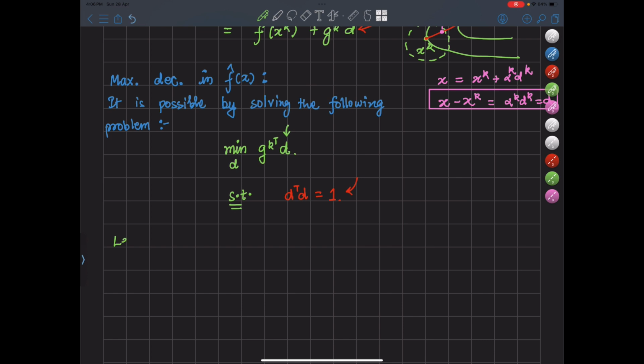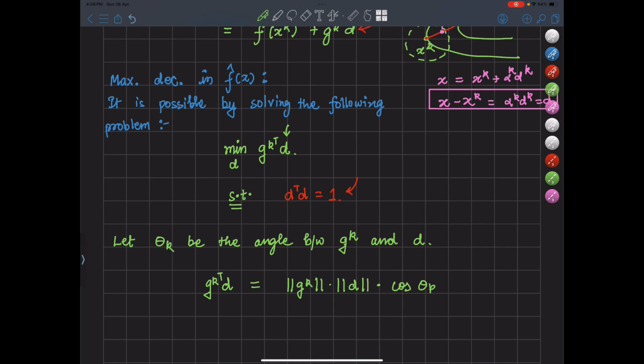So let theta k be the angle between gk and d, which implies gk transpose d is given by norm of gk, norm of d, cos theta k.